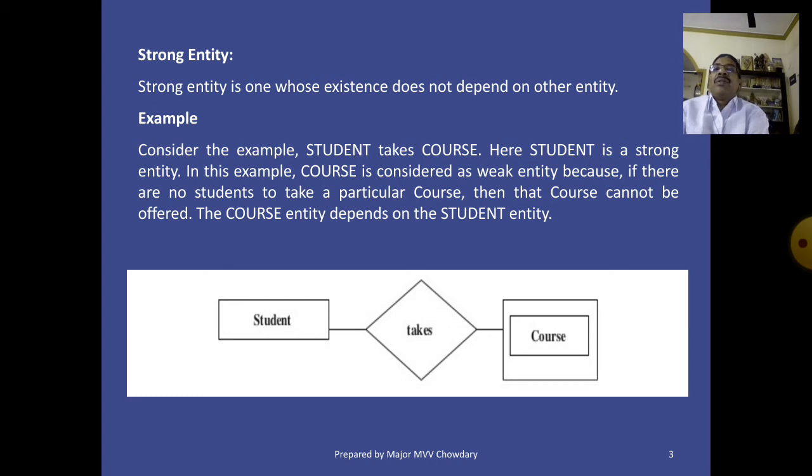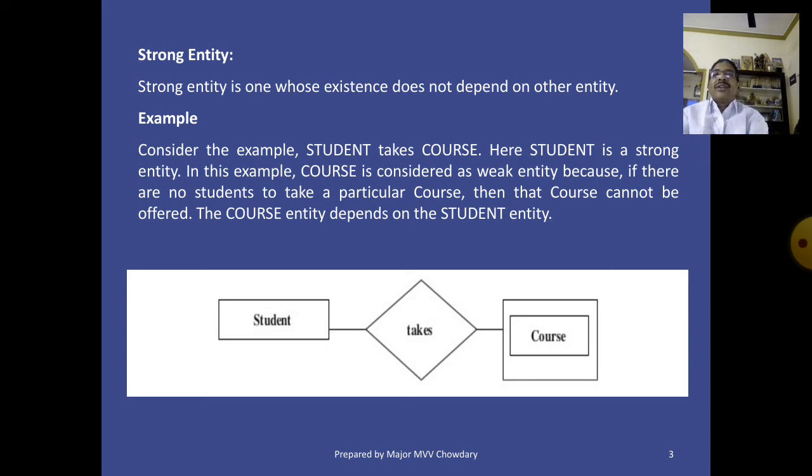In this example, course is considered a weak entity, because if there are no students to take a particular course, then that course cannot be offered.